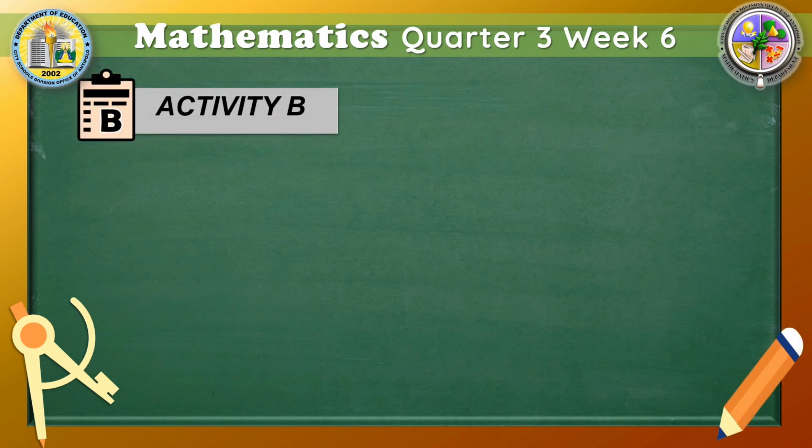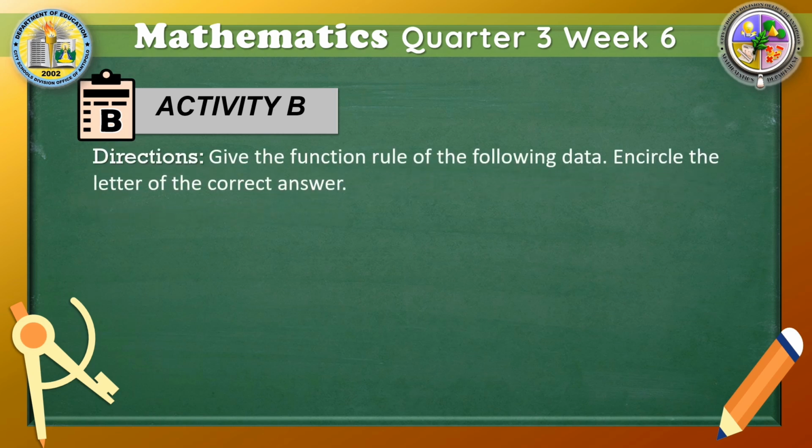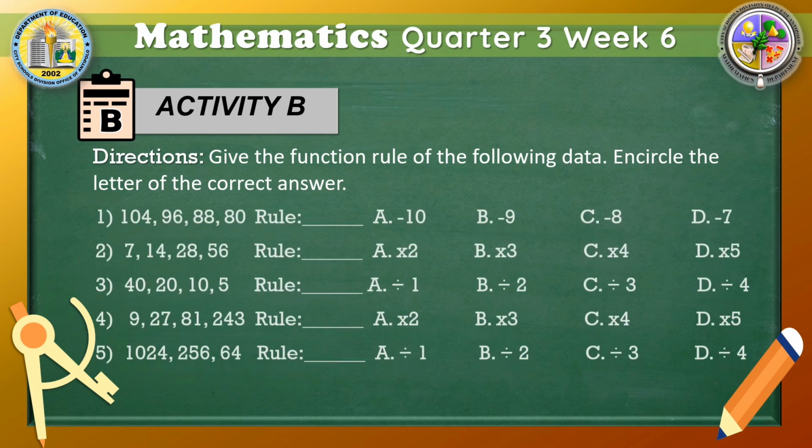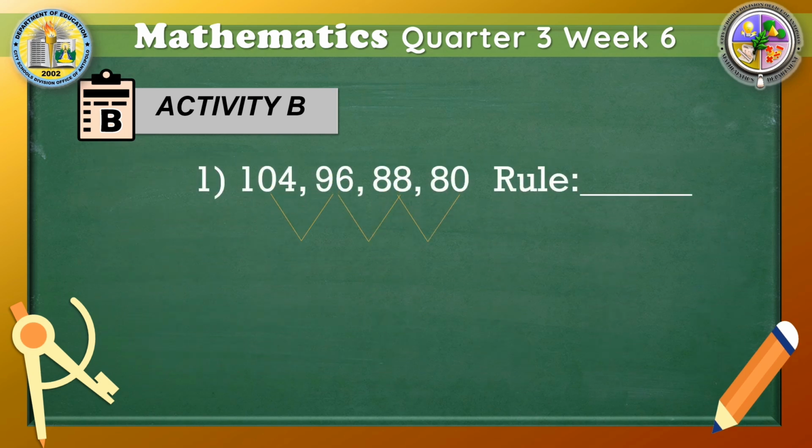To deepen your understanding, here's another activity for you. Activity letter B. Directions: give the function rule of the following data and circle the letter of the correct answer. Number 1: 104, 96, 88, 80. As you've noticed, the sequence of the numbers is in descending order.